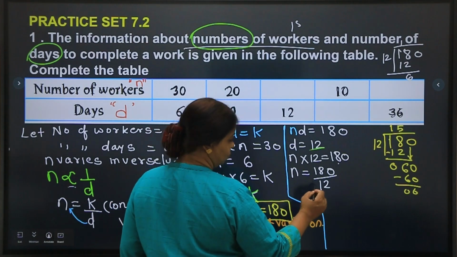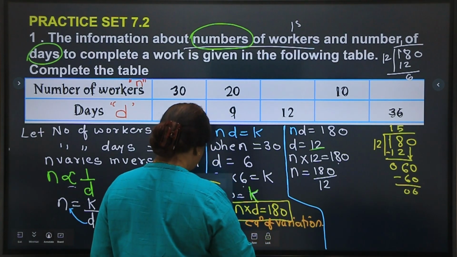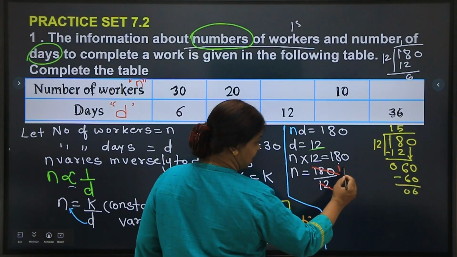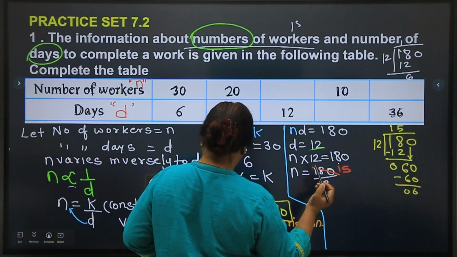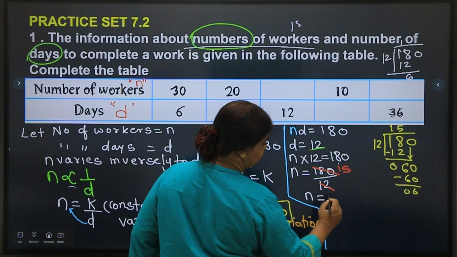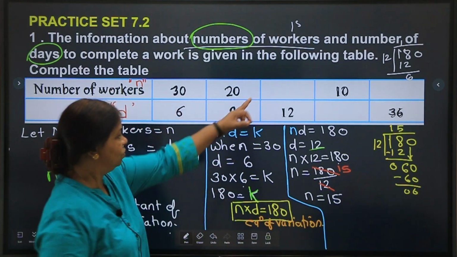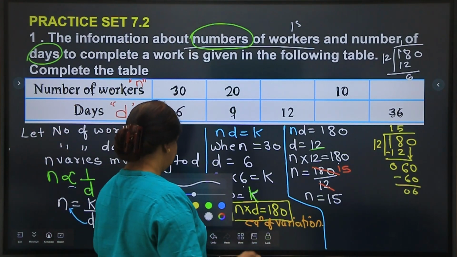So we get the value of n as 15. So when d is 12, n is equal to 15. Let's write the answer here.